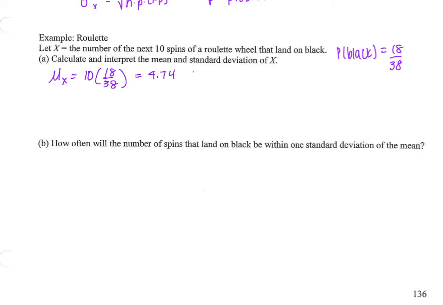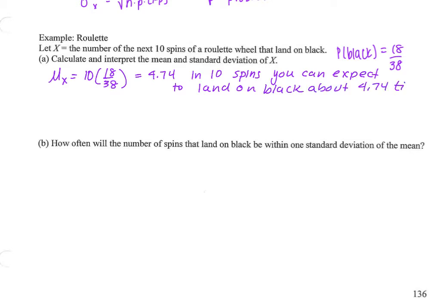So in 10 spins, you can expect to land on black about 4.74 times. That's the mean of this binomial distribution.